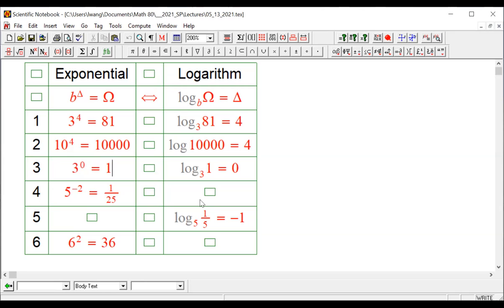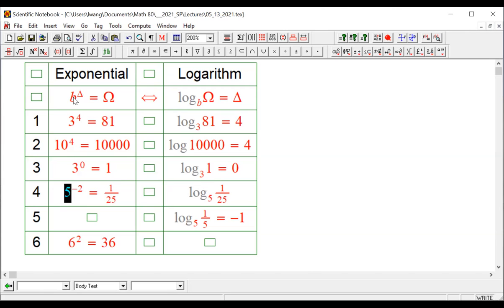That's it. On this one, you're going to write log, right? We have practiced quite a few. Hopefully those practice will help. Base 5 of 1/25. The base is 5 in logarithm, so they have the same base. Now 1/25, that's the omega.